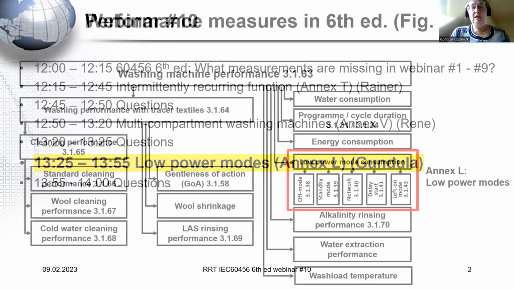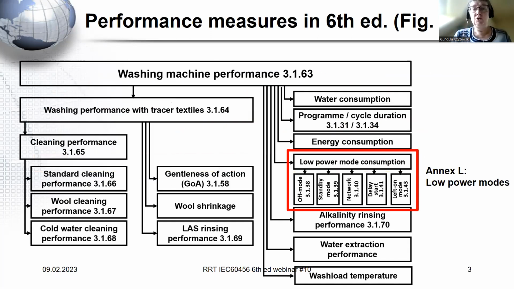So in edition 6 CD2, and this overview you have seen today already, we have the here mentioned low power modes considered in Annex L. That does not mean that off mode, standby mode, networked standby, delay start, and left on mode are the only low power modes. But these are the ones that we now gonna consider in the 6th edition of IEC 6456.